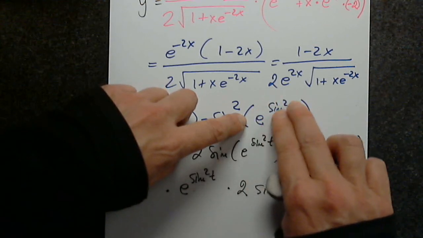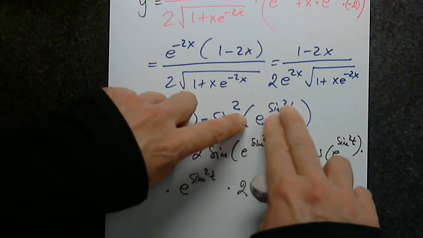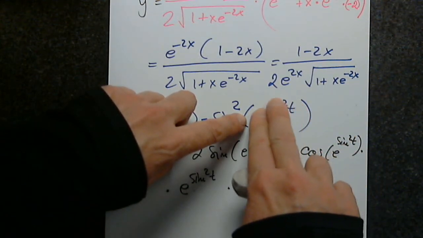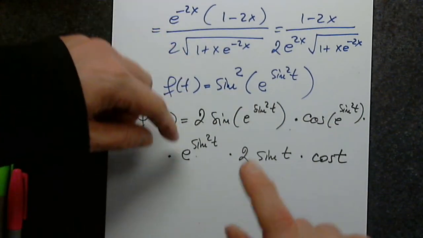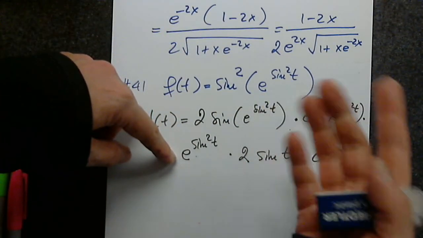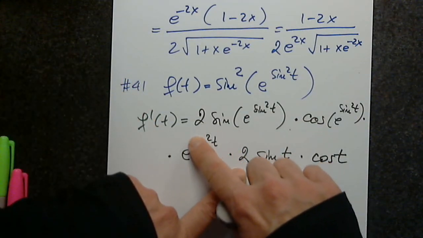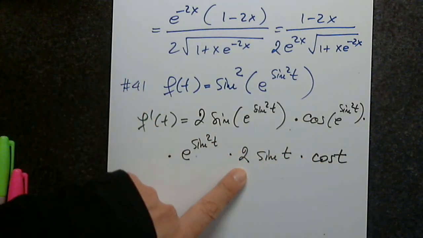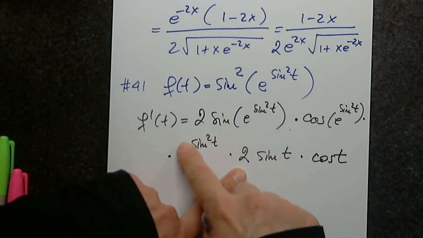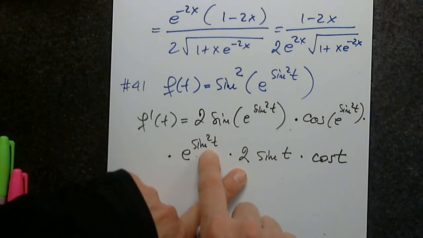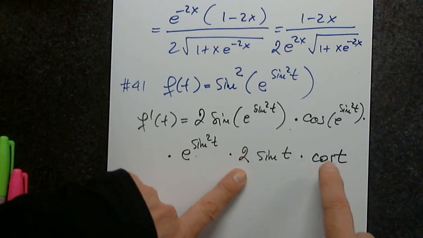Times, and finally I'm here. I'm differentiating this. Well, e to a function prime is e to a function times the function prime, sorry, 2 sine x times the inner function prime.